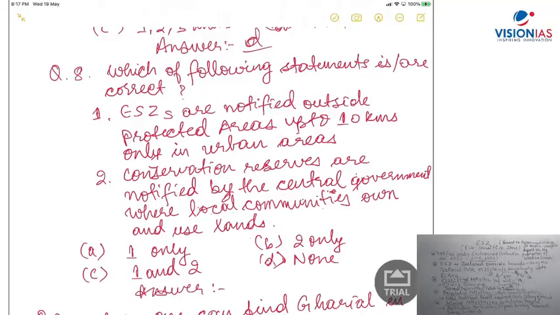Which of the following statements is correct? One: ESZs, eco-sensitive zones, are notified outside protected areas up to 10 kilometers only in urban areas. Right? 10 kilometers only in urban areas. And number two: conservation reserves are notified by the central government when local communities own and use the land.